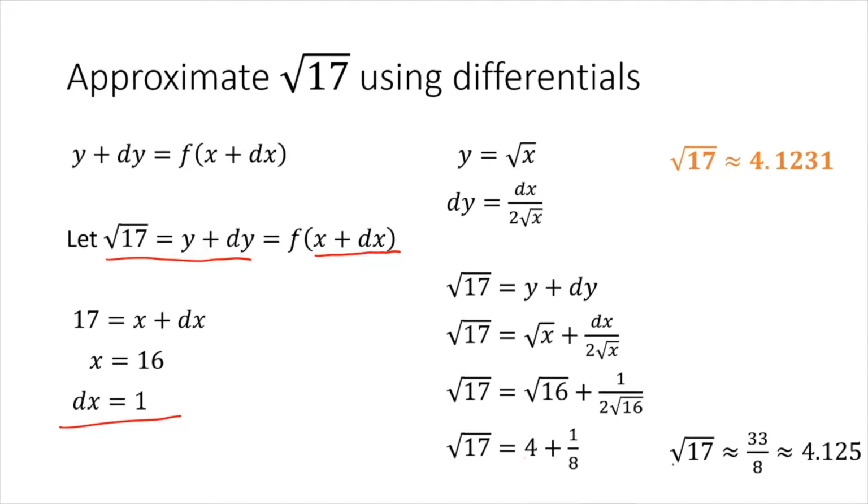And then 4 plus 1 over 8 will give us 33 over 8. This is approximately 4.125, which is approximately equal to 4.1231 if using the calculator. So this is now the approximation using differentials.